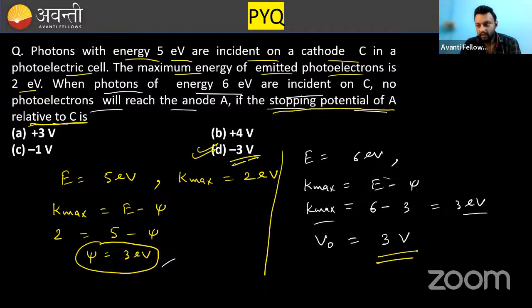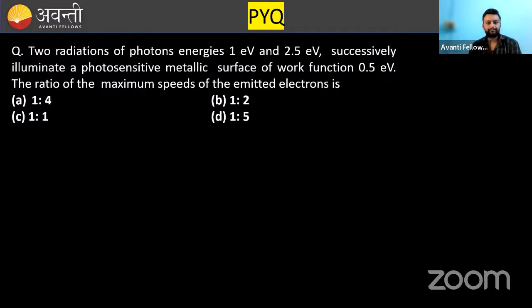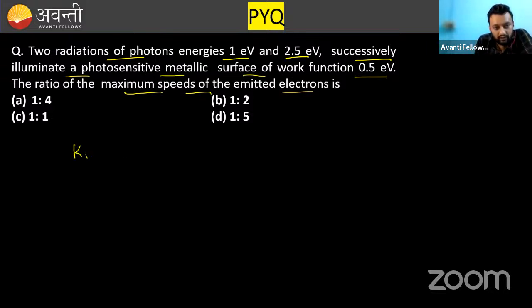Moving further, we will discuss one or two more questions. Two radiations of photons with energy 1 electron volt and 2.5 electron volt successively illuminate a photosensitive metallic surface of work function 0.5 electron volt. Very good. The ratio of maximum speeds. Now they are not talking about maximum energy, they are talking about maximum speed. No problem. We know that K max is equal to E minus psi.